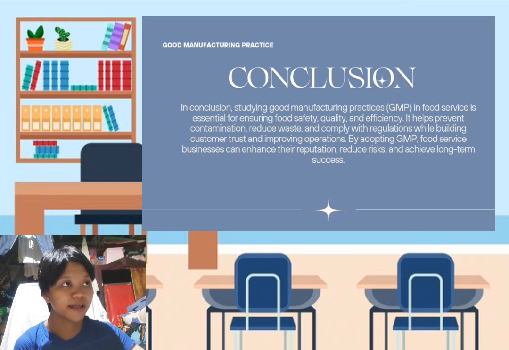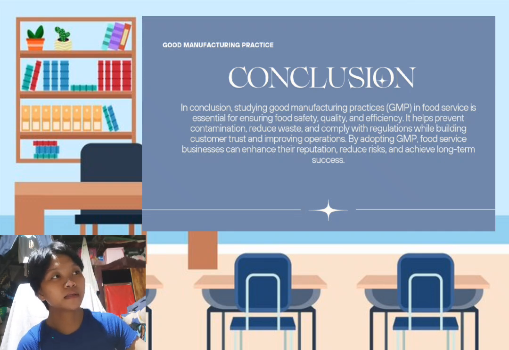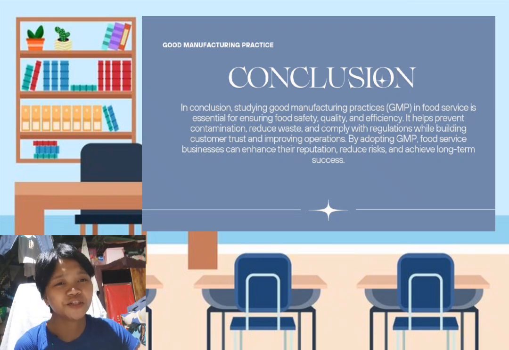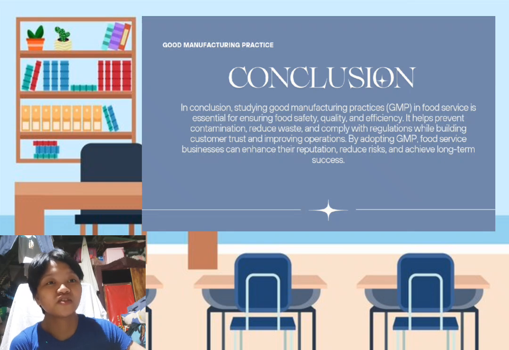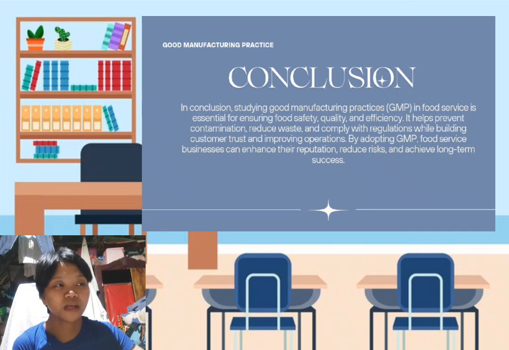It helps prevent contamination, reduce waste, and comply with regulations while building customer trust and improving operations. By adopting GMP, food service businesses can enhance their reputation, reduce risks, and achieve long-term success.